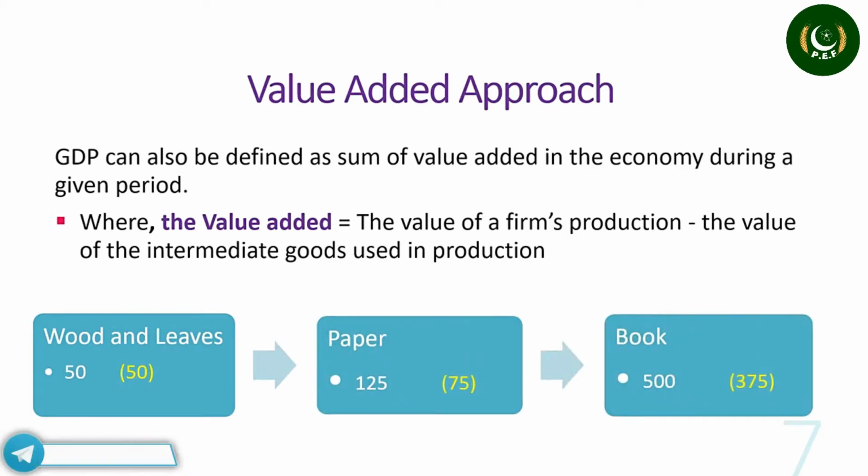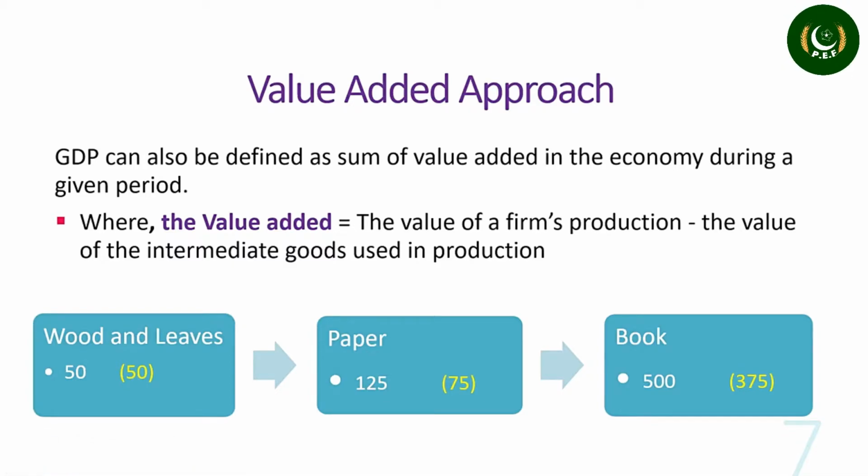Let us assume that a person collected woods and leaves worth rupees 50, converted them into papers worth rupees 125 and finally converted them into a book worth rupees 500.